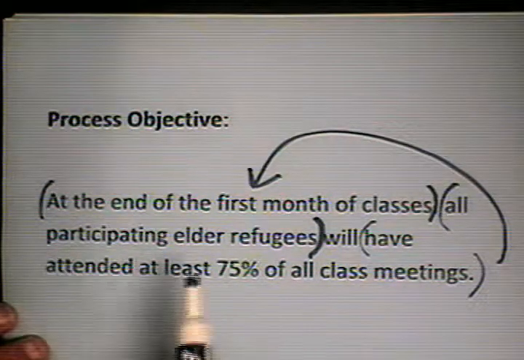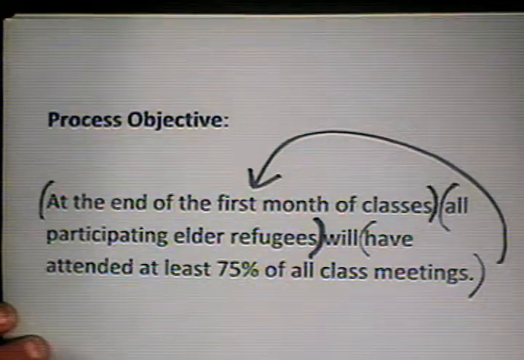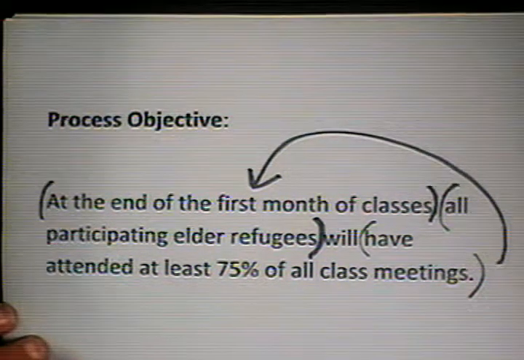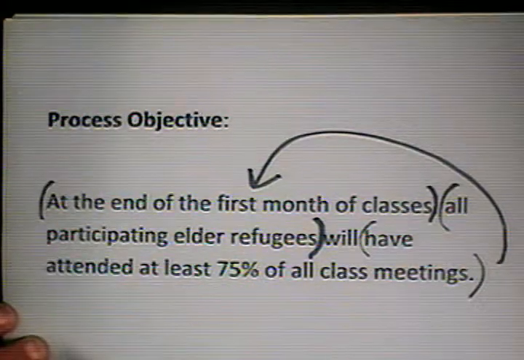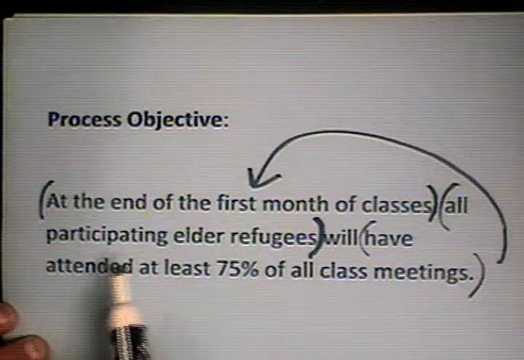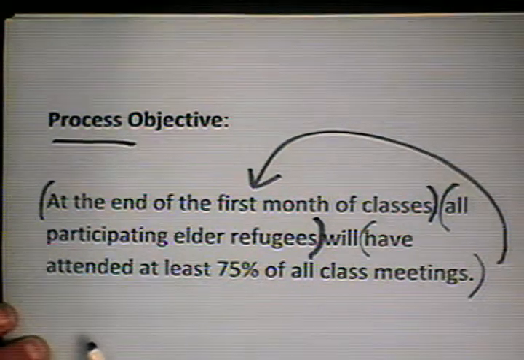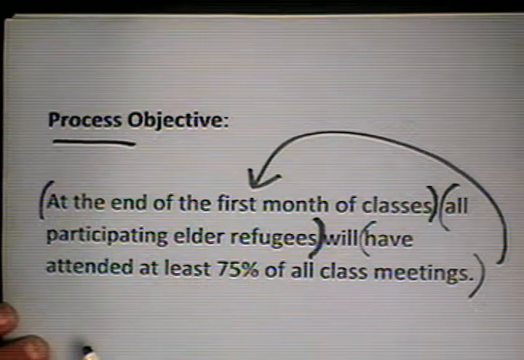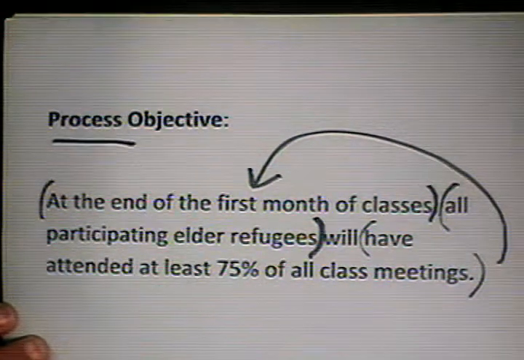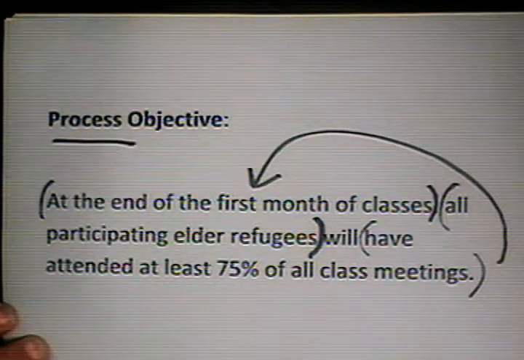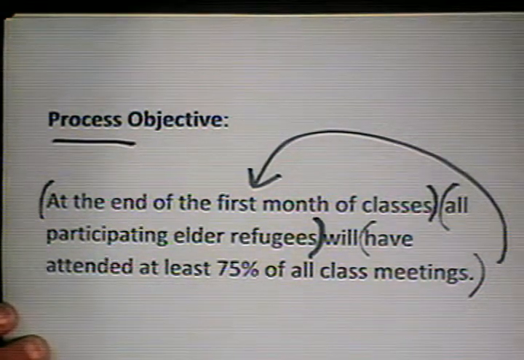So we have those three important parts of the objective, of all objectives: time in history, client-centered, and client behavior in measurable form. But I also want to indicate that this is a process objective, and it does not involve an outcome related to the clients that is associated with the influence that our project has had on the clients.